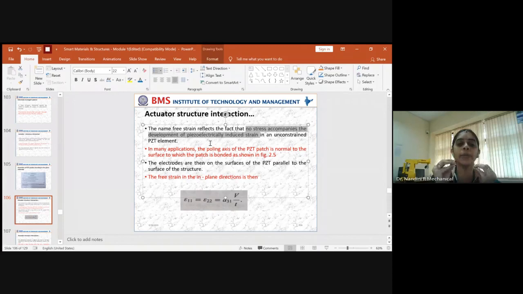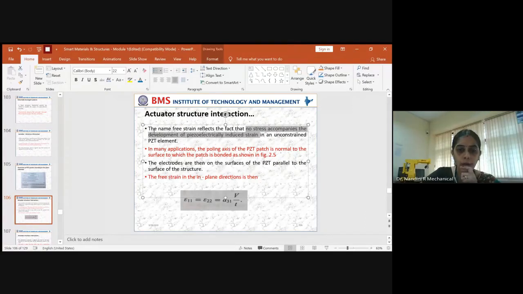Here we are explaining with respect to a lead-based piezoelectric element, which is PZT. PZT stands for lead zirconium titanate. So when you think of free strain, it is the total strain of the piezo material without any relation to the stress.